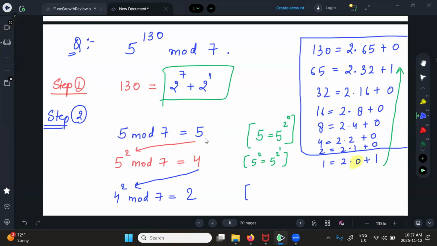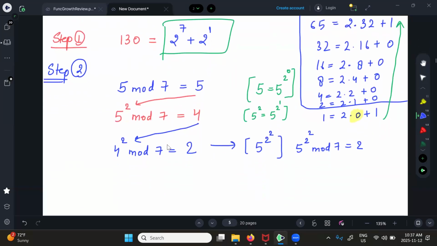Exactly. You know what is happening here? This is 5 to the power 2 to the 2. Each step you are getting this power, okay? This means 5 to the power 2 to the 2 mod 7 is 2. Make sense? Make this connection in the exam.